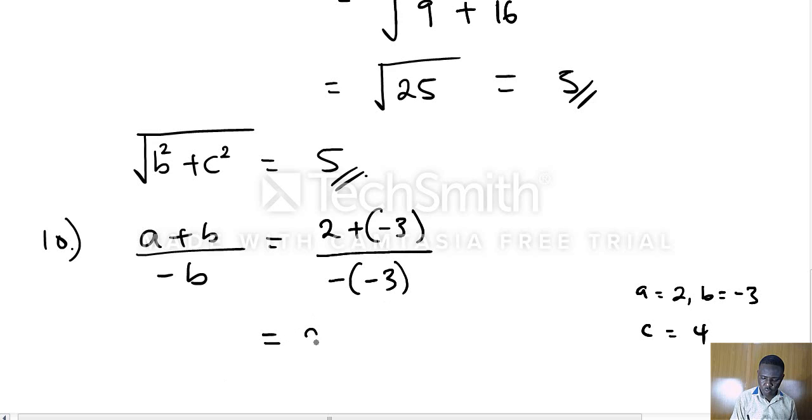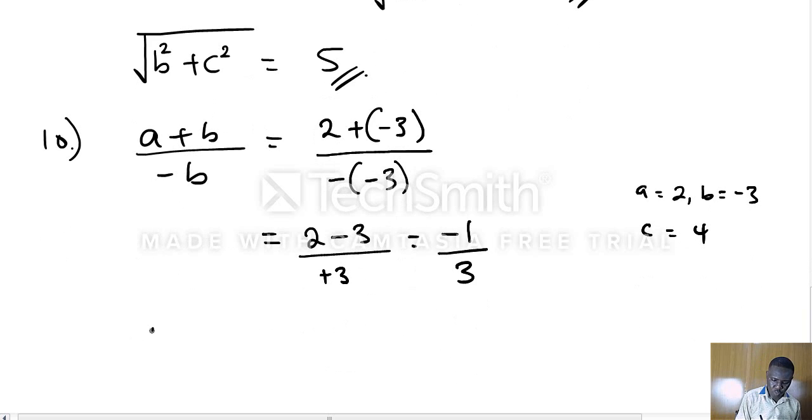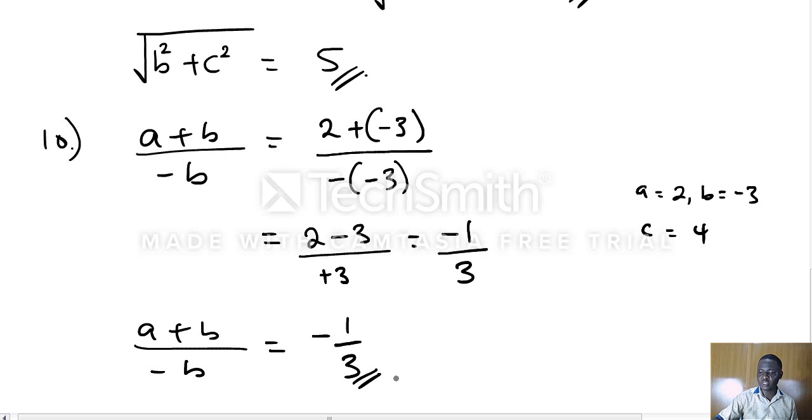Simplify this, it is going to give you 2 minus 3 divided by minus times minus is plus 3. So this is equal to 2 minus 3 is minus 1 divided by 3. So therefore, A plus B divided by minus B is minus 1 over 3 as your answer.